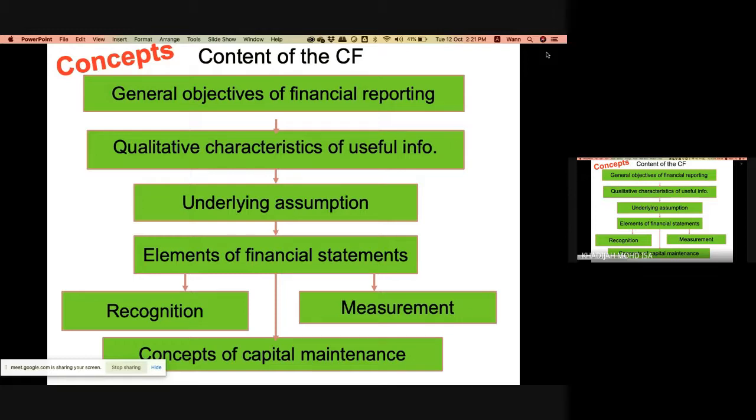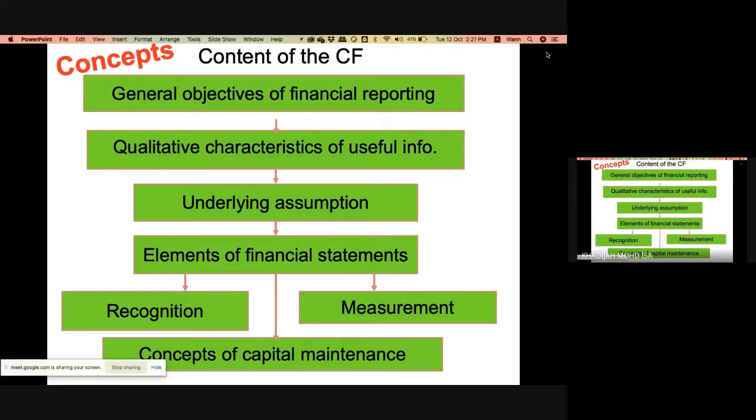For example, we're talking about providing depreciation on a fixed asset. What are the assumptions for the fixed asset? Generally, we say that the fixed asset should have a useful life of several years.